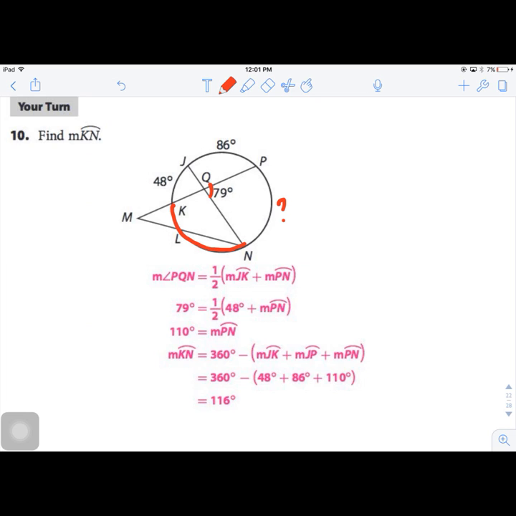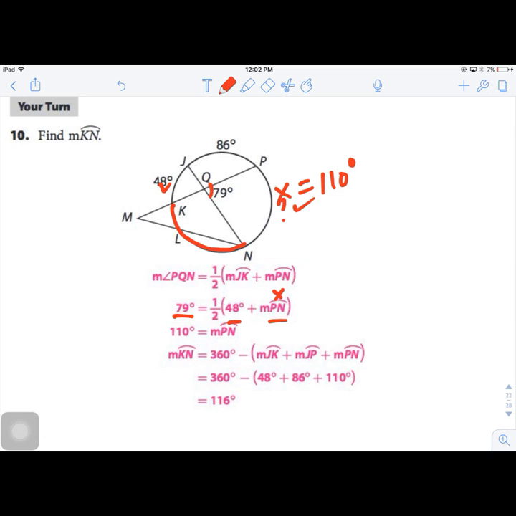So notice that the angle inside, 79, is equal to 1/2 of the sum of the two intercepted pieces. So if we call it X or just PN, we have 1/2 of 48 plus PN, which is X right here. And we can solve for X, which turns out to be 110 degrees.